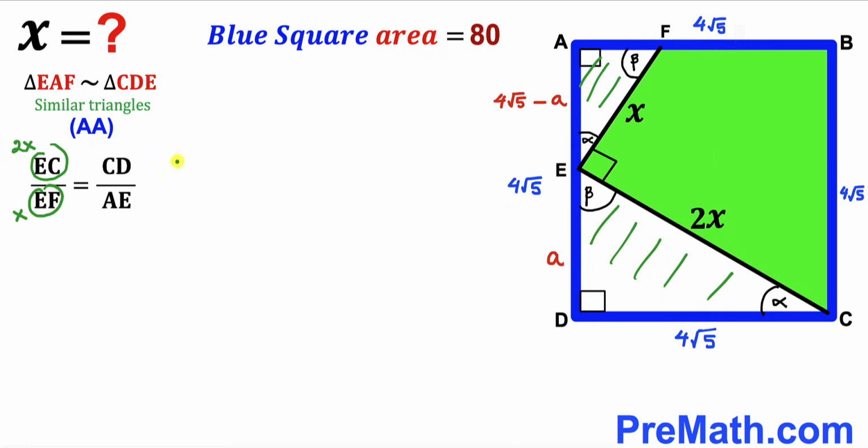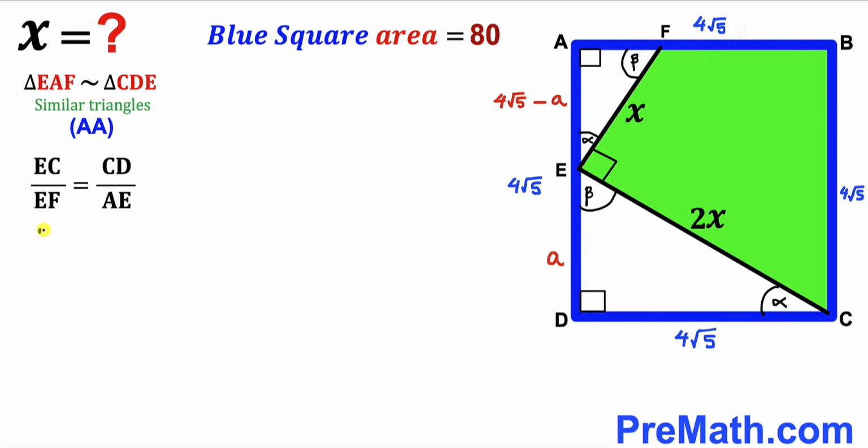Our CD side length is 4 times the square root of 5. And finally our AE side length is 4 times the square root of 5 minus a, so I'm going to replace that as well.